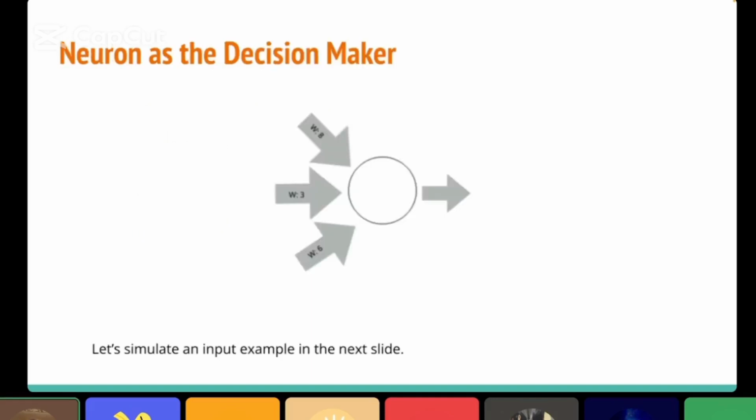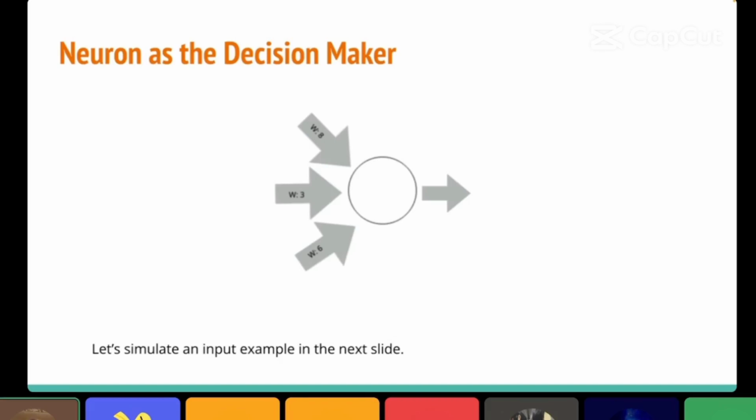So this is going to be your neuron. This neuron is just an imaginary circle, so you don't have to imagine any kind of solid object. Let's just imagine a single neuron looks like this. This neuron has 3 connections to it, and each of these connections has a weight assigned to it. The first one is 8, the second is 3, the third is 6.